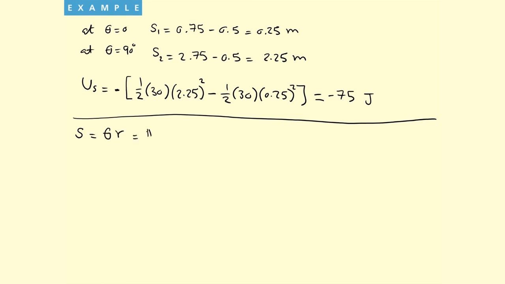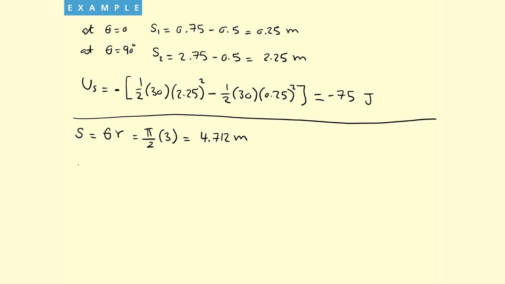So it's going to be pi over 2 multiplied by the distance, which is 3. This will give me 3 pi over 2, which is approximately 4.712 meters.